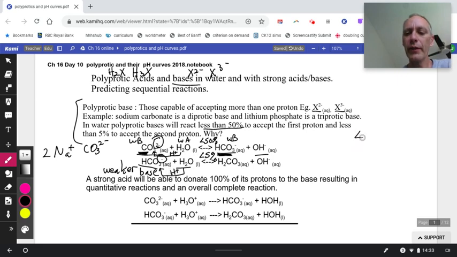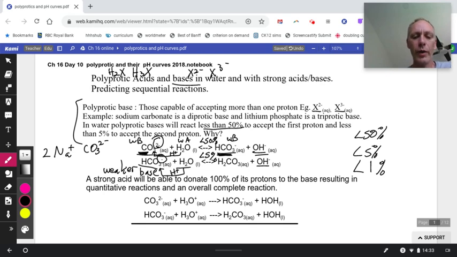So the rule is less than 50, less than 5, and if there's a third one, if it was X3 minus, less than 1%. So you're getting less and less hydroxide produced, which means that they have less and less impact on the pH as you accept the second and third proton.